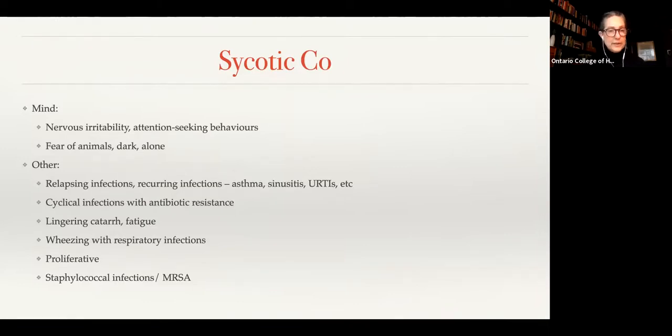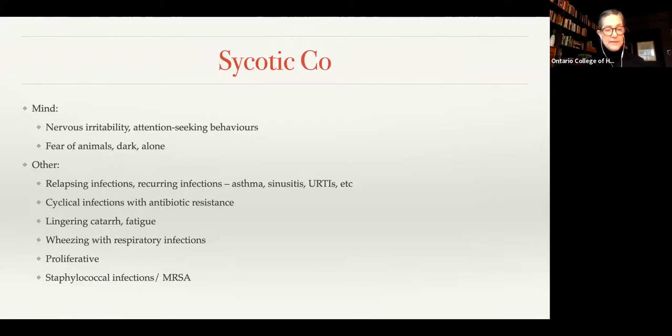Other important indicators are relapsing infections, recurring asthma, recurring sinusitis, recurring upper respiratory tract infections, cyclical infections with antibiotic resistance. All of these remedies are great with antibiotic resistance, psychotico perhaps more so than any of the others.